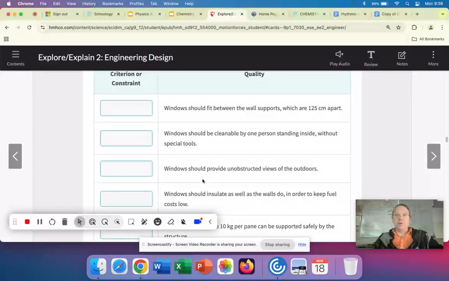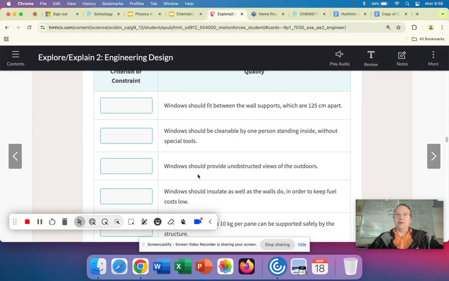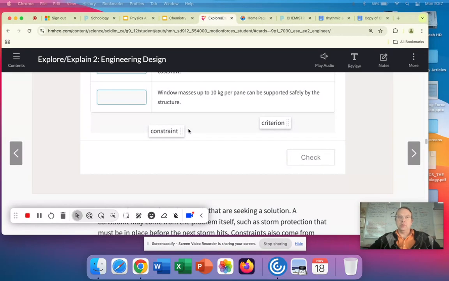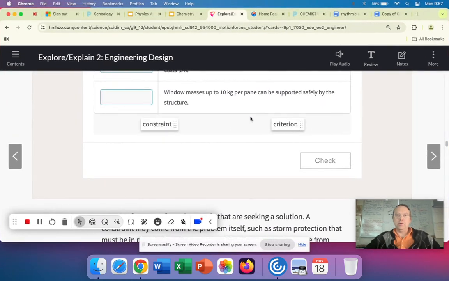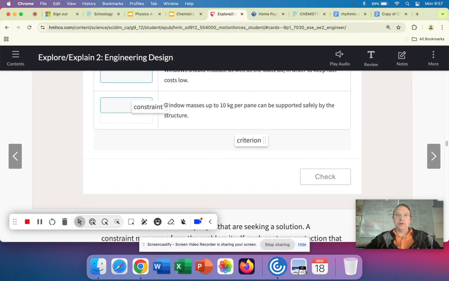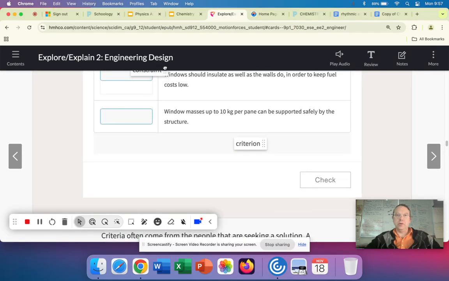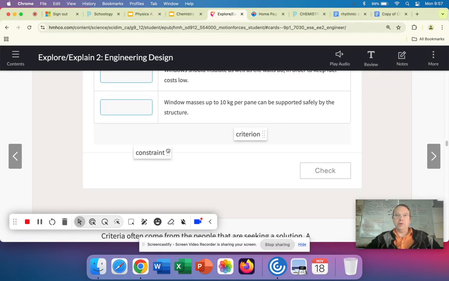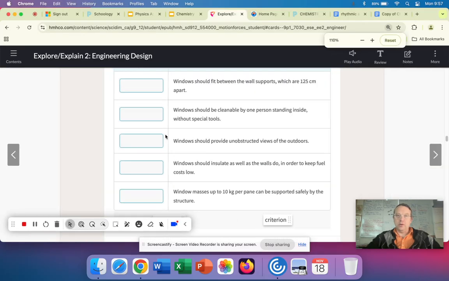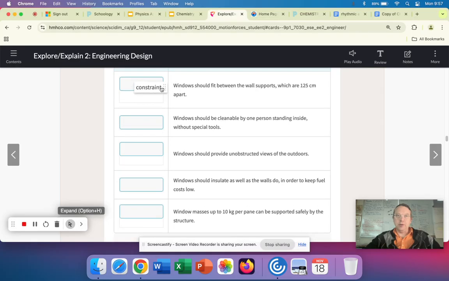If the window has to fit between a certain wall support, that's a constraint on the size. So wall size would be a constraint.